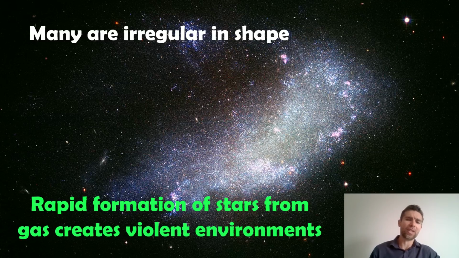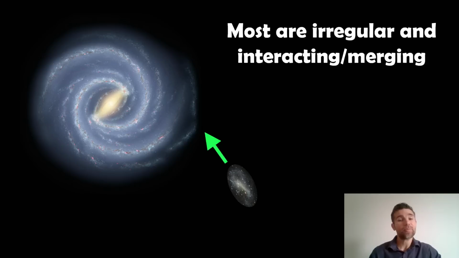And you can see in the background here, you've got a blue compact dwarf galaxy, and it doesn't have a symmetric shape, so it would be known as irregular. And because of all that rapid star formation, it does create a violent environment, so it can impact the actual evolution and the ongoing formation and shaping of the galaxy itself.